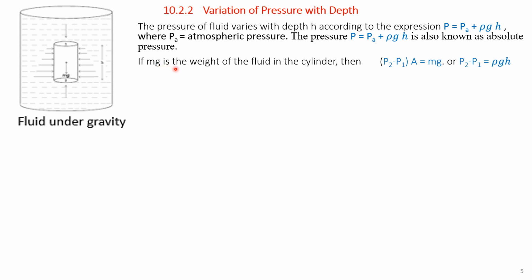Thus, if mg is the weight of the fluid in the cylinder, then P2 minus P1 times A equals mg, or simplifying, we get P2 minus P1 is equal to rho gh.